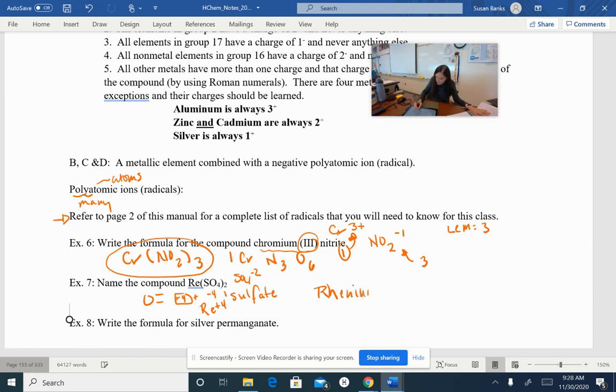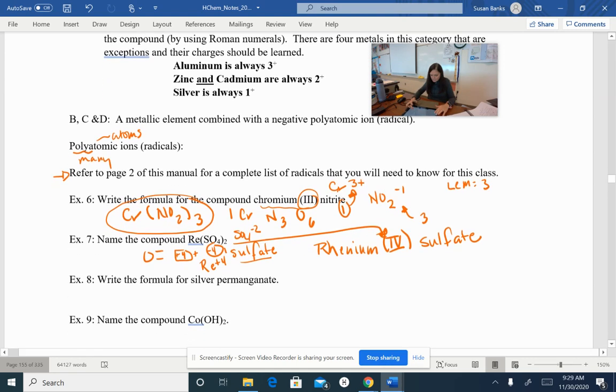Rhenium, and we're going to put the Roman numeral 4 for its charge. Remember, that is the charge of the rhenium. Rhenium 4. And that polyatomic was called sulfate, and we just use the polyatomic name.